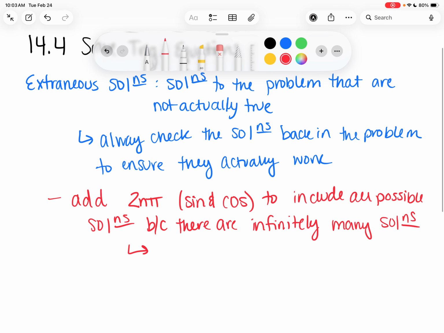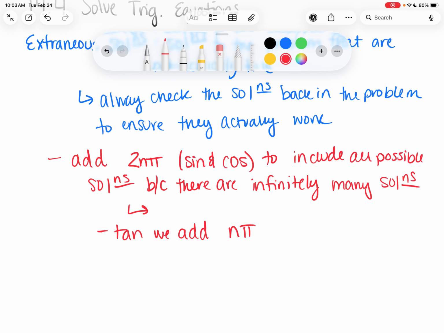I'm going to write something there in a second. But for tangent, we add n pi instead. So instead of being 2 n pi, it's just n pi, which would be the equivalent of 180 degrees. We only have to go halfway around to repeat a solution. This stuff is called the general solutions to a problem.